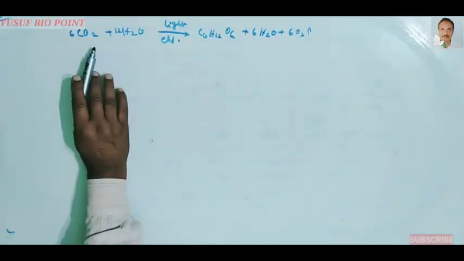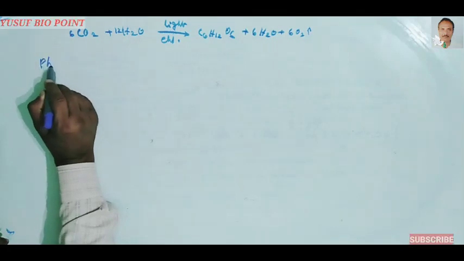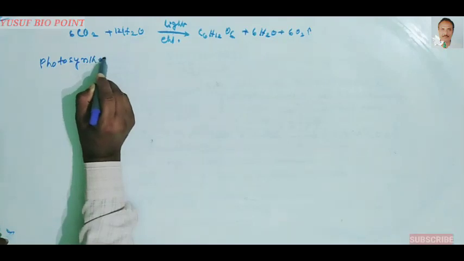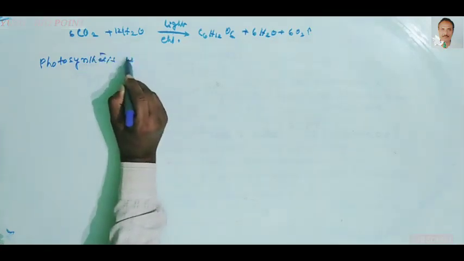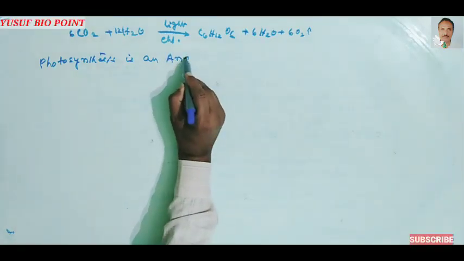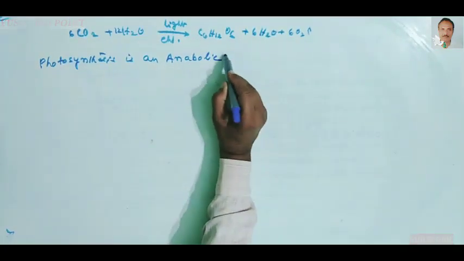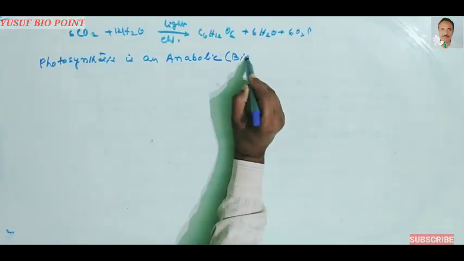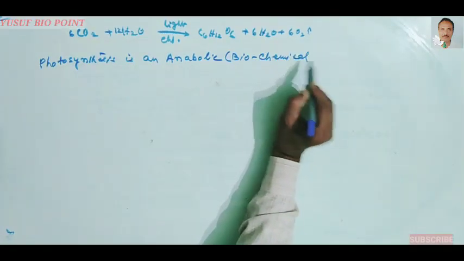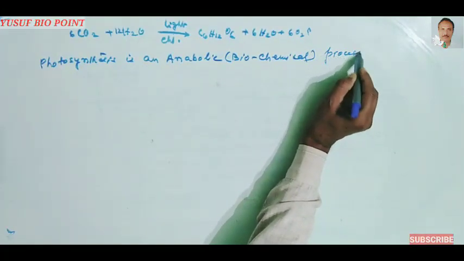By this equation we can define photosynthesis. Photosynthesis is an anabolic biochemical process.